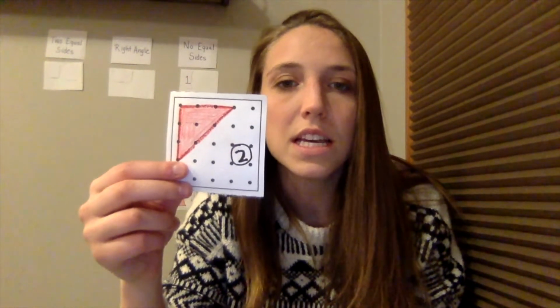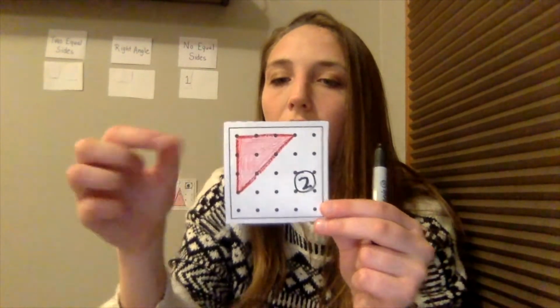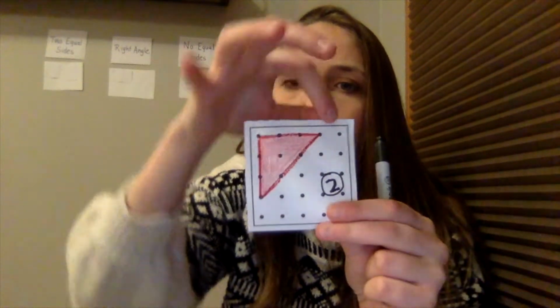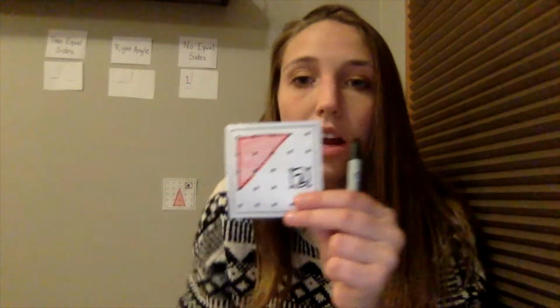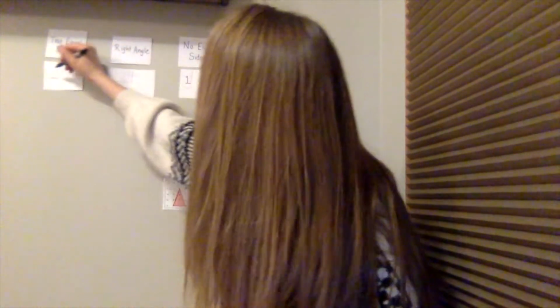Okay? Same thing with this one. I'm going to look at this and see, well, would this shape have 2 equal sides? Does this triangle? If I look at my sides, I actually do notice that this side and this side are the same length. Okay? So it actually does have 2 equal sides. So I would write a number 2 under 2 equal sides.